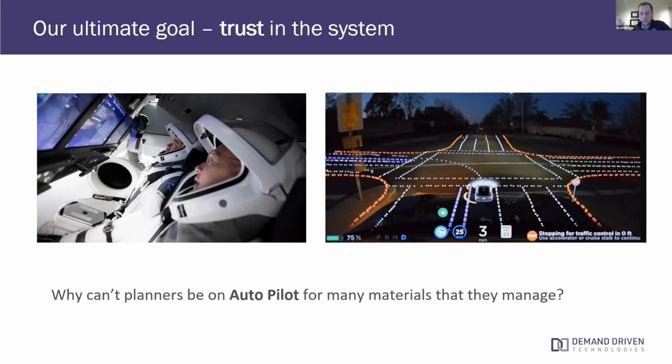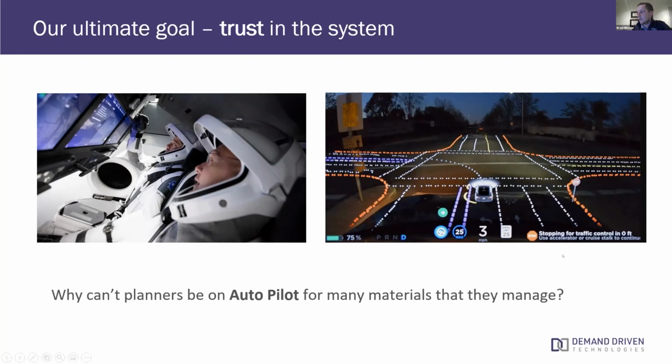Just 2 weeks ago, here in the US, we had 4 civilians go to space. These are not astronauts. They don't know how to fly spacecraft. And the simplicity of using this machine and doing something incredibly complex has increased dramatically thanks to machine learning, AI, and ultimately technology.